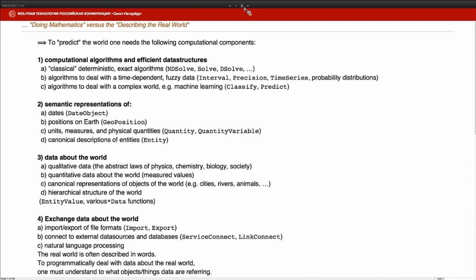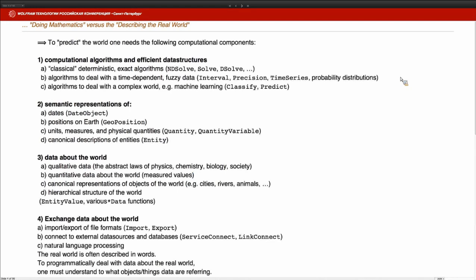And to do this, we need a whole set of different machineries, which can approximately be grouped into four things. A, we need computational algorithms and efficient data structures. A lot of this has been in the Wolfram language for a long time. For instance, functions like Solve and DSolve are, of course, perfectly suited to describe the real world, especially physics, chemistry, and biology.